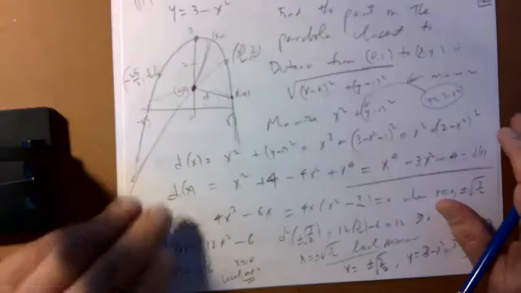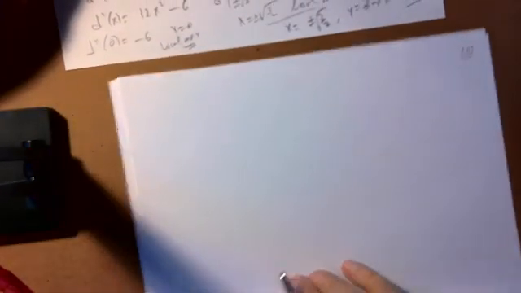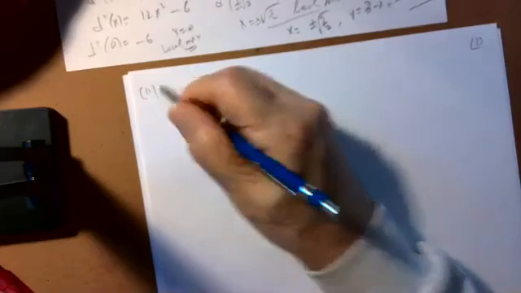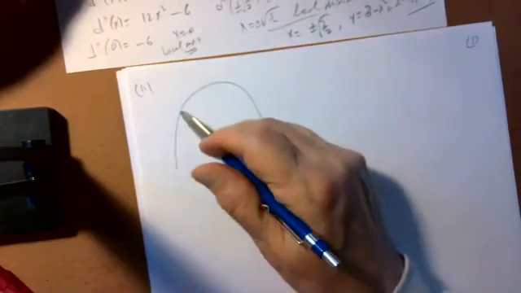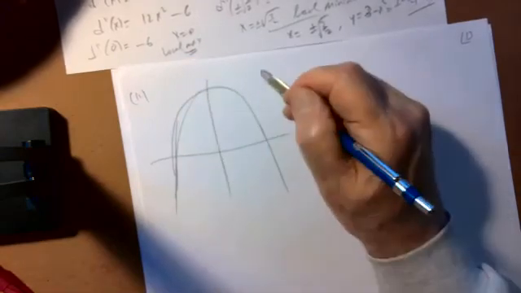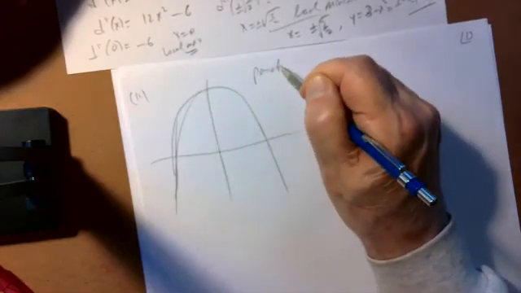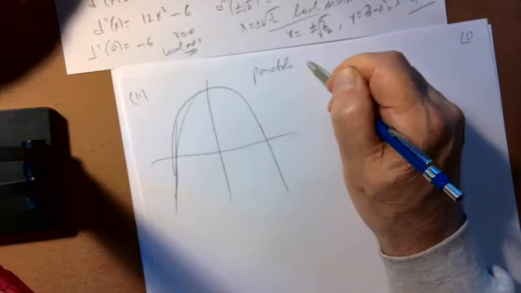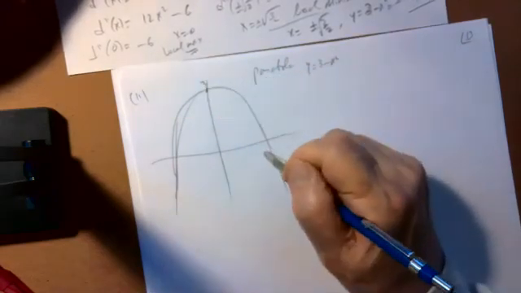Okay. So let me just review it carefully. So we have this is the parabola y equals 3 minus x squared. That's 3.